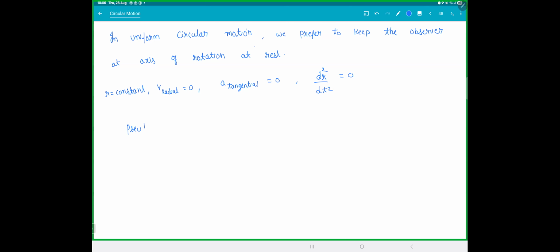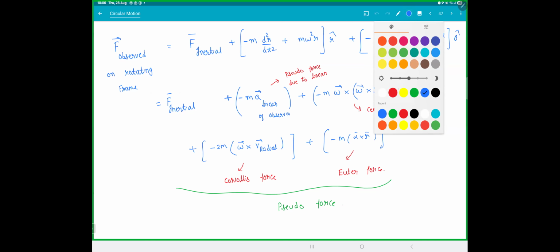So your pseudo force, which had four terms, so your pseudo force was this, the whole thing, minus m a linear. Let's put in these terms. It's such a big thing, right?